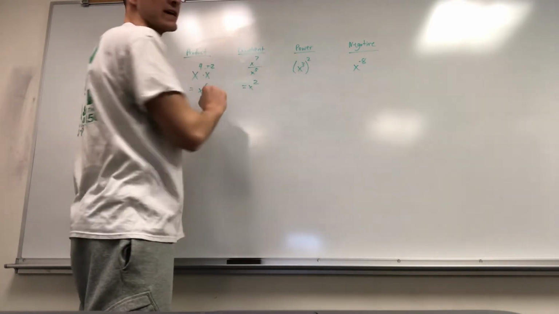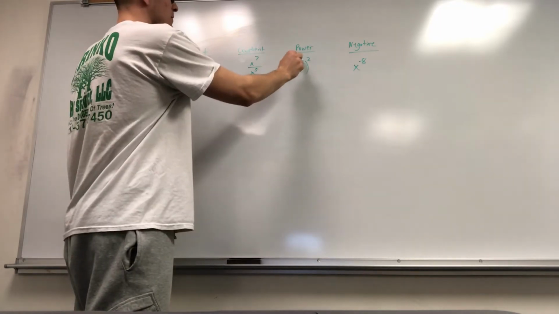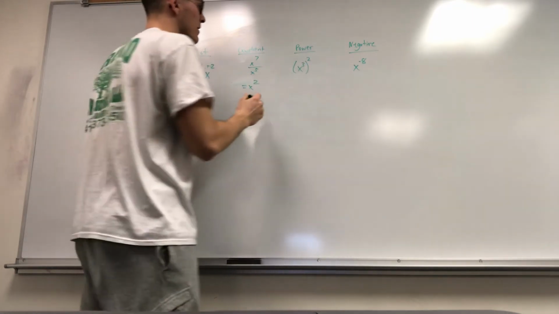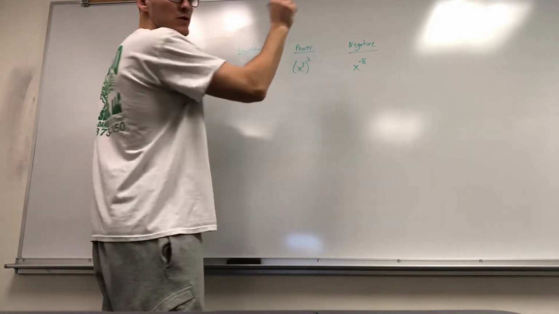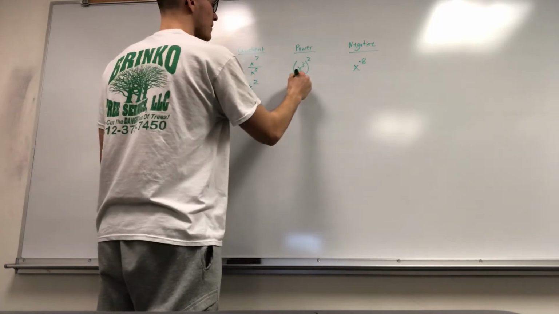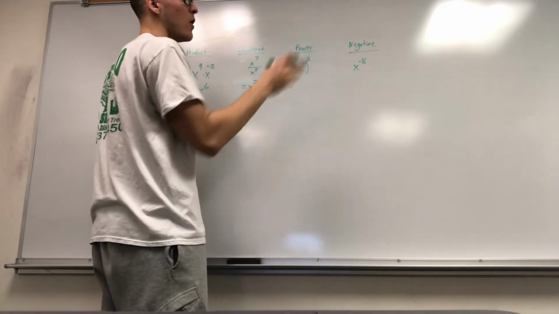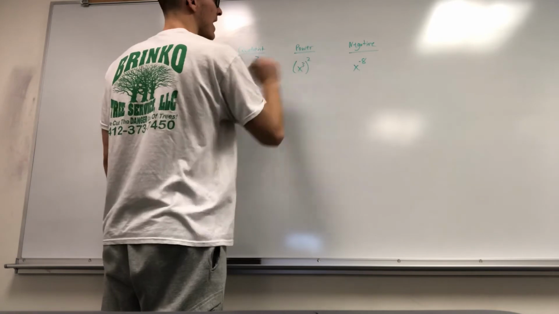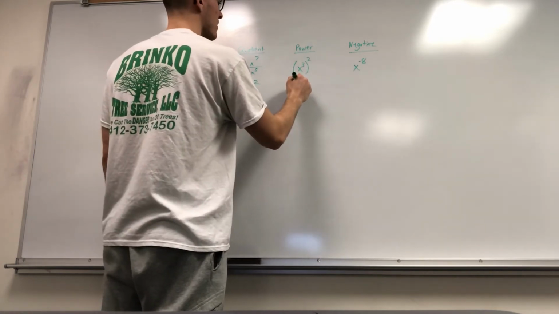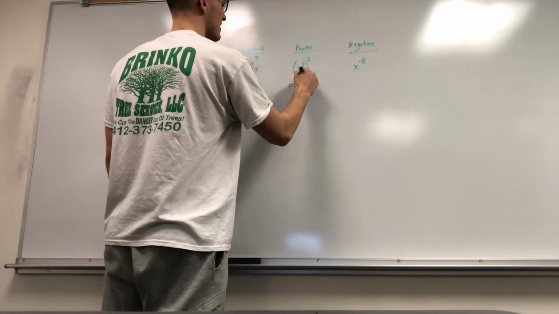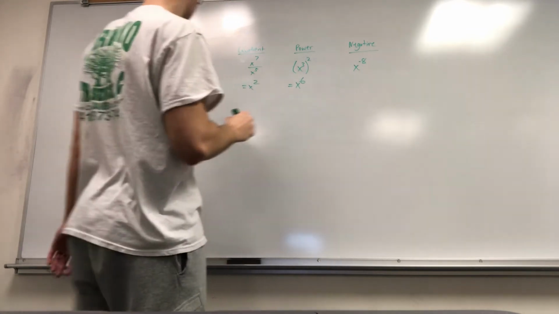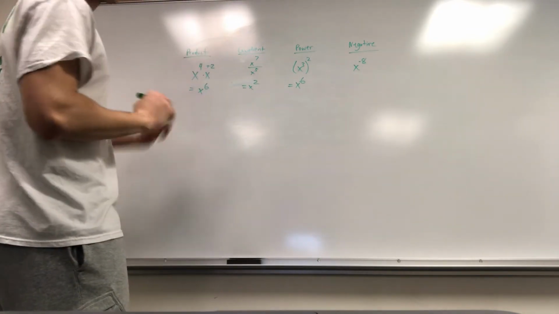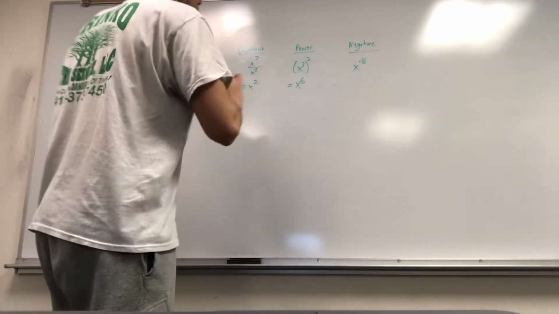I don't add these together in this case. If I have a power to a power, I have to multiply those. So x to the third, all to the second, 3 times 2 is what I'm going to do there. So I end up with x to the sixth, which is kind of weird because the product rule also gave x to the sixth, but you don't do the same thing.